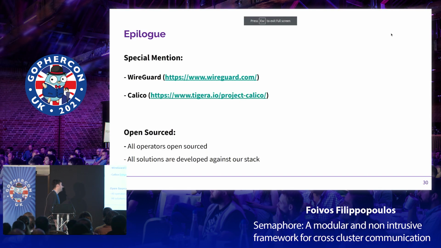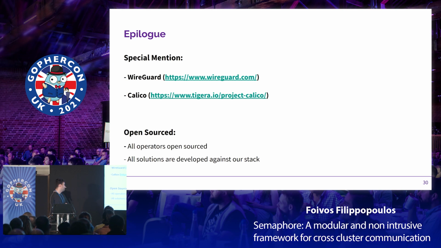And that was pretty much it. A special mention should go out for WireGuard and Calico, because these all work and they basically need minimal code, because of the nice WireGuard Golang implementation that we used and the Calico project, which is something that we have used for years now with our Kubernetes clusters.